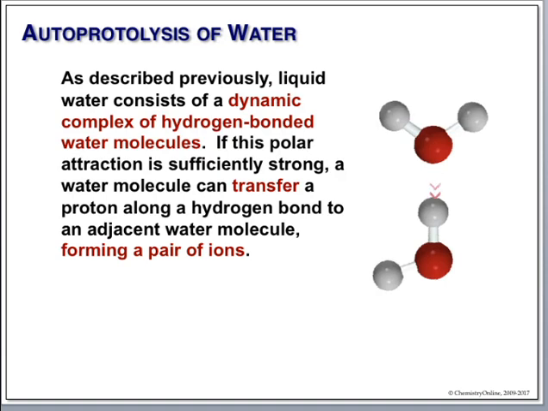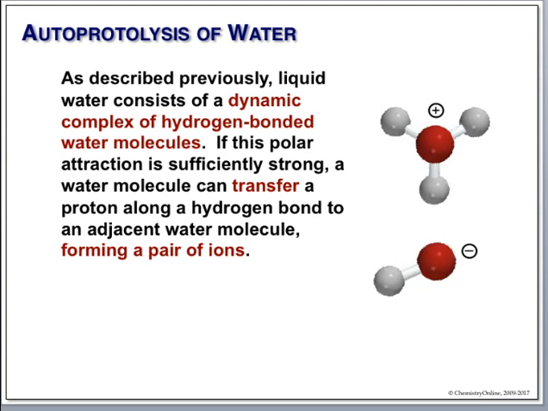If we take this pair and we put in just a tiny, tiny touch of energy, thermal energy, whatever, shake it up, look at it funny, what can happen is that this hydrogen can actually move along this hydrogen bond and be transferred to the other water molecule.